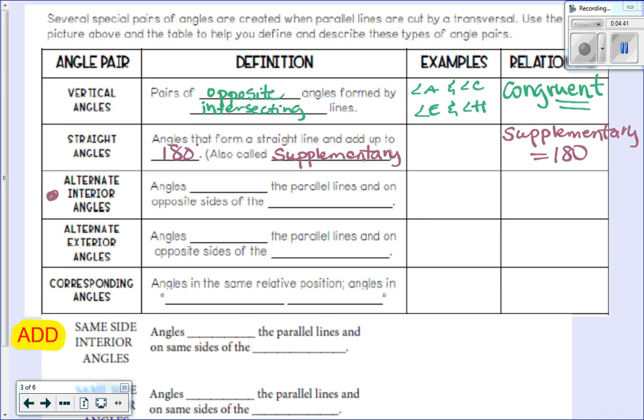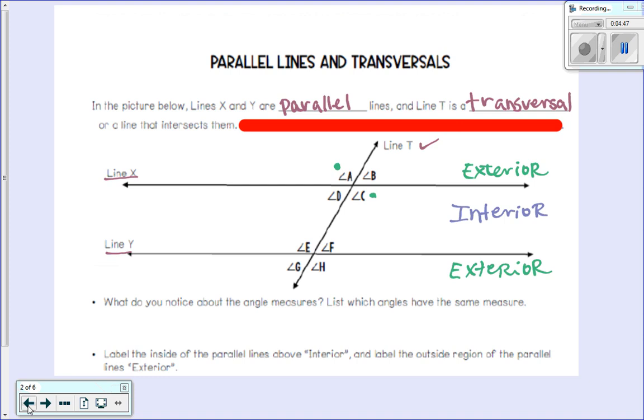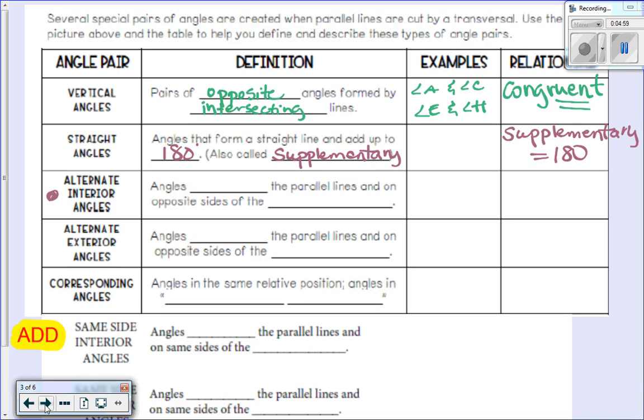So let's look at our picture and name a few supplementary angles. Good. A and B are supplementary, right? Let's put that down here: angle A and angle B.